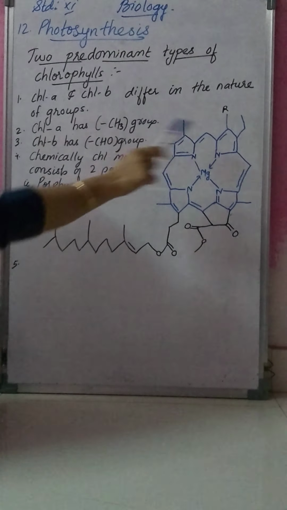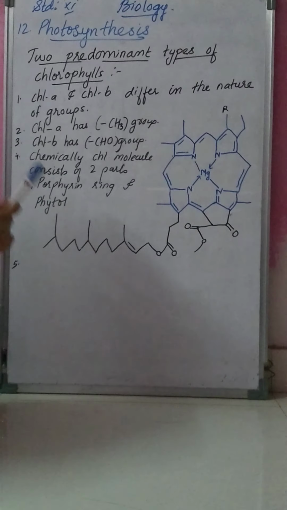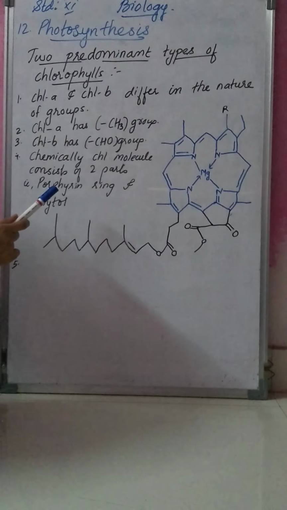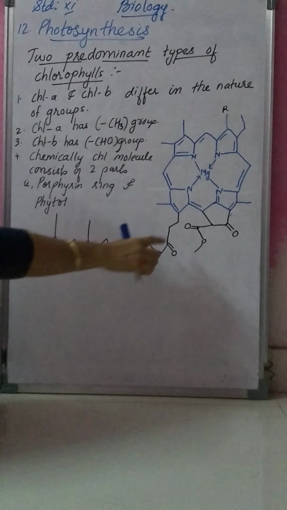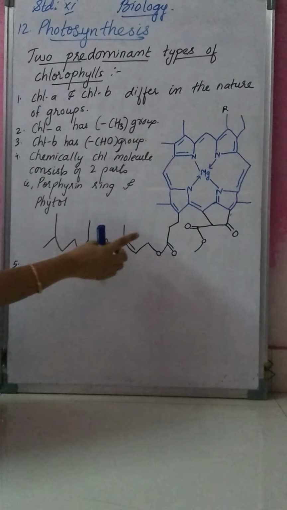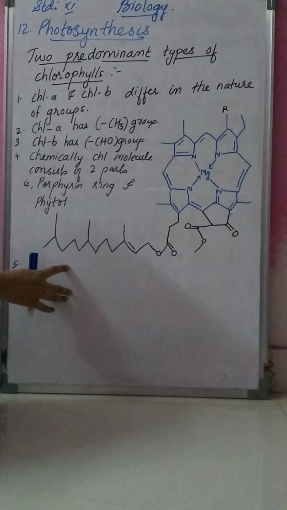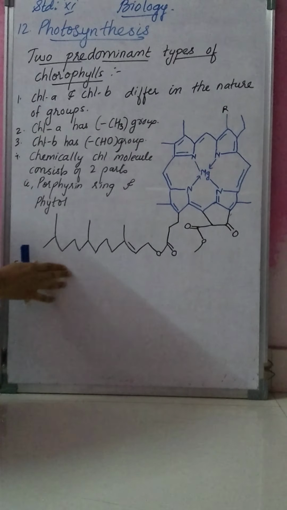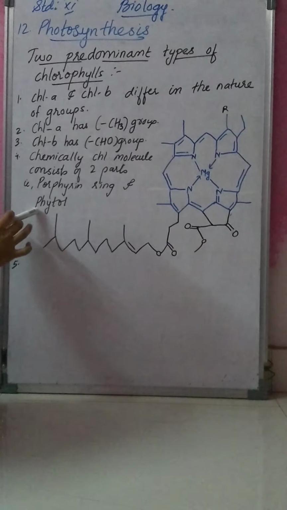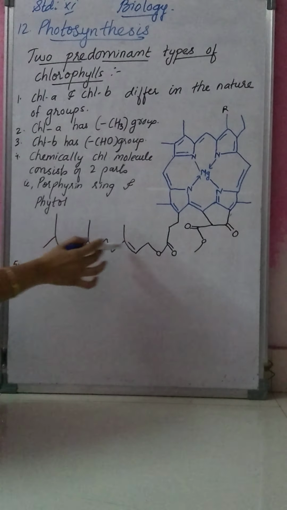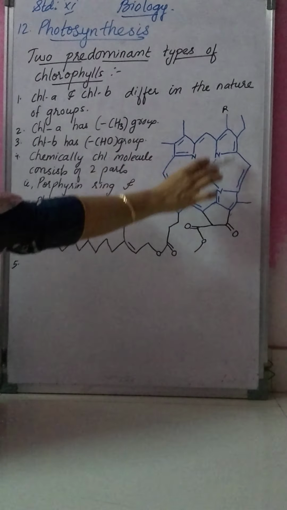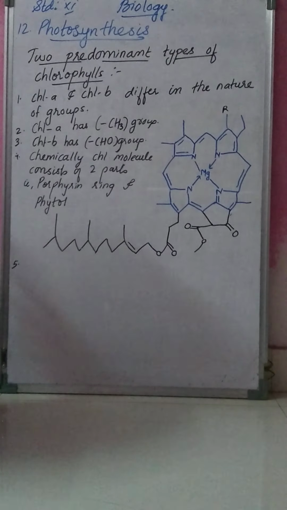And a long hydrocarbon tail is present. This tail is called phytol, and you can see it is attached to the porphyrin.